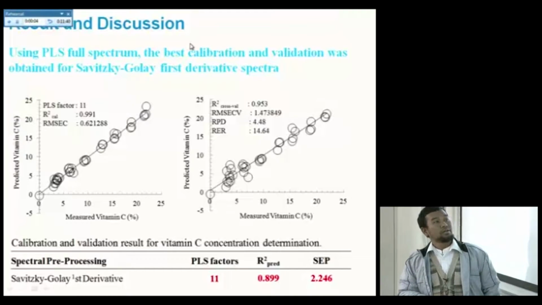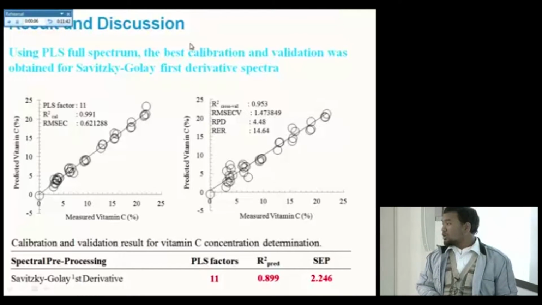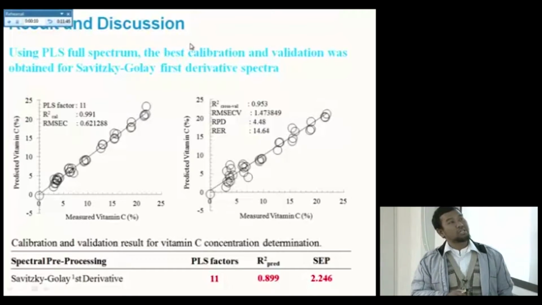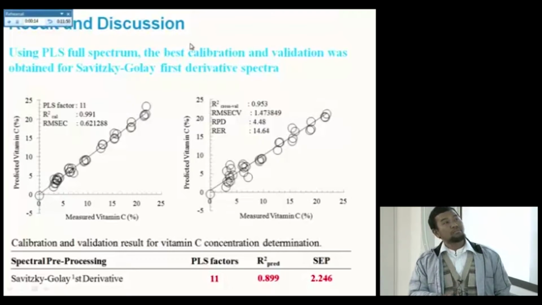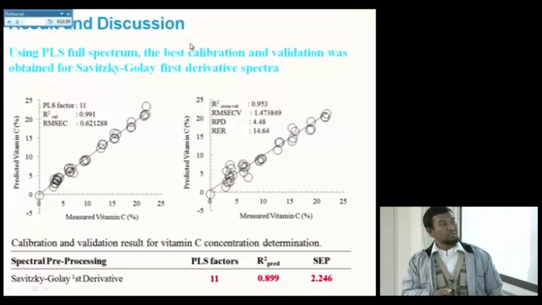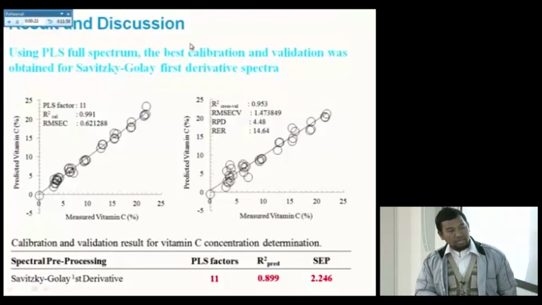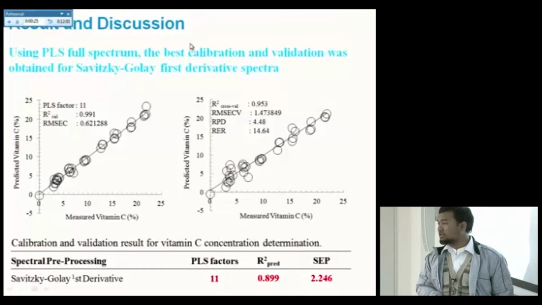Result and discussion. So in the previous study, we have reported that using Savitzky-Golay first derivative spectra resulted in the best calibration model for full PLS regression. So using this full PLS regression, this model has 11 PLS factors.